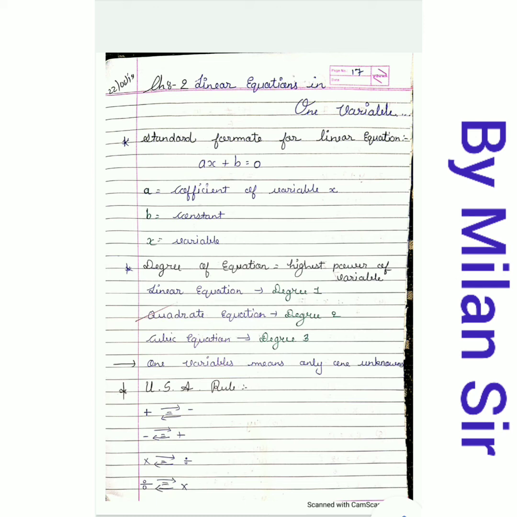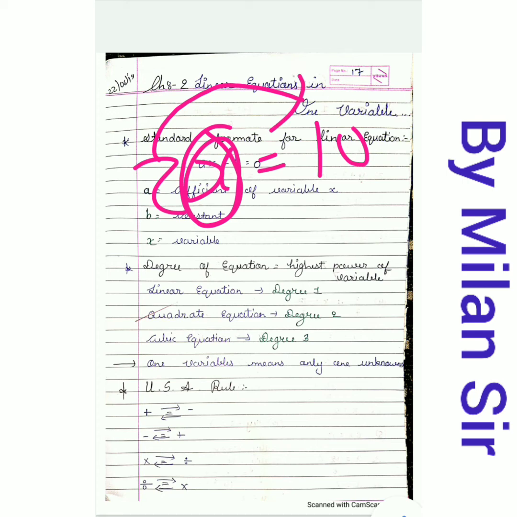Now it's time for multiply and divide. If 2x is equal to 10, and I want to find this x, then I need to transfer this 2 to the right hand side. Right now 2x means 2 multiply x.